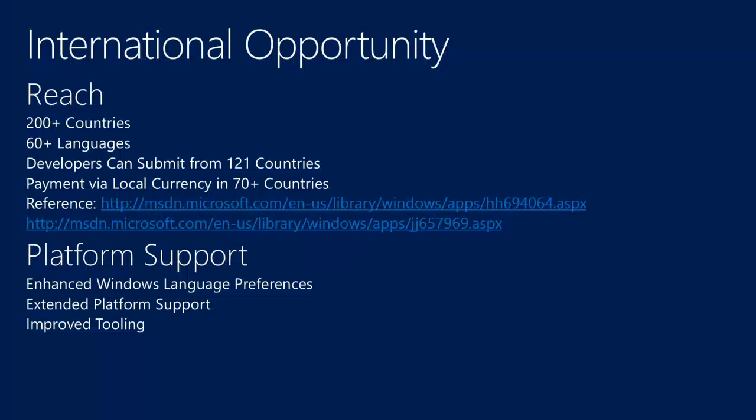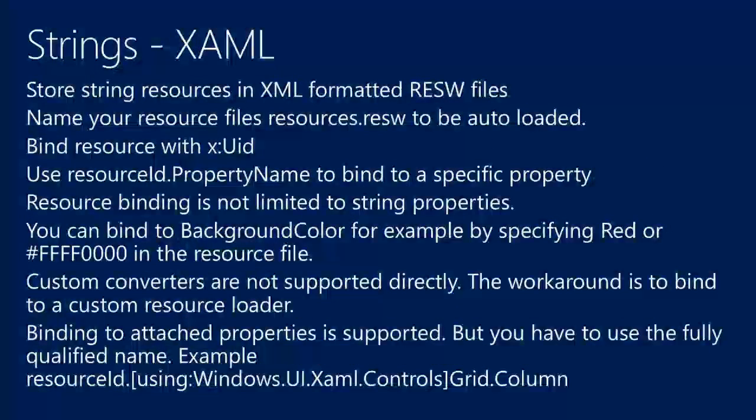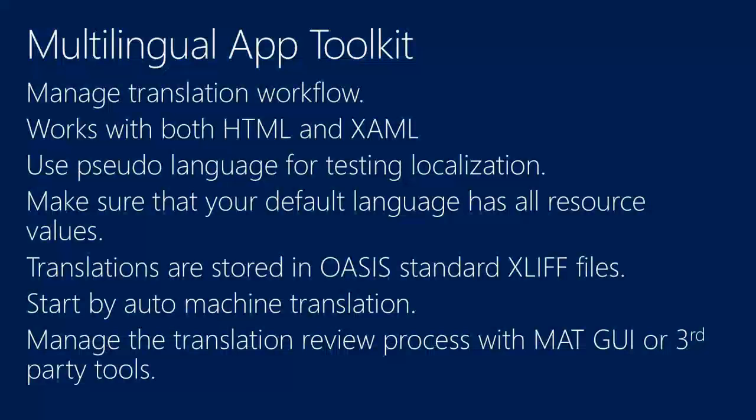And the translation story, when it depends on resw or resjson, is designed actually for Visual Studio. It's not designed for professional translators or any third-party tools to manage the translation process. With Windows 8, we have the best tool to manage that, which is the Multilingual App Toolkit.